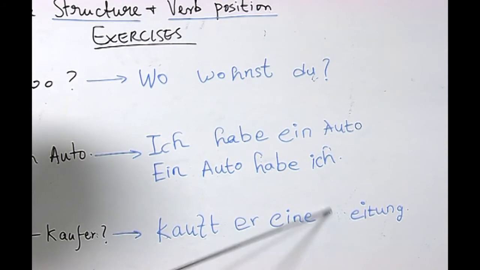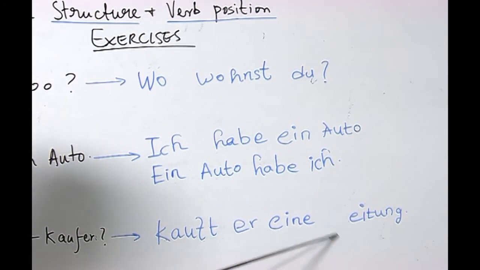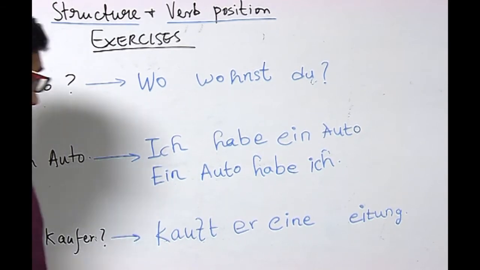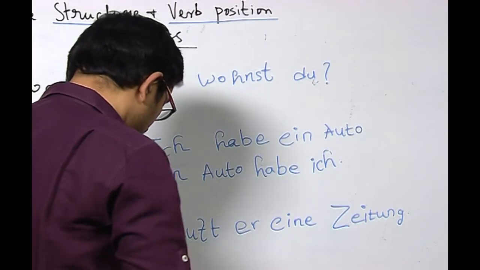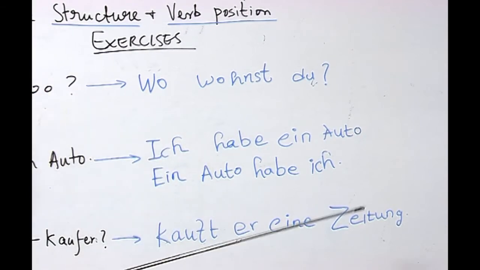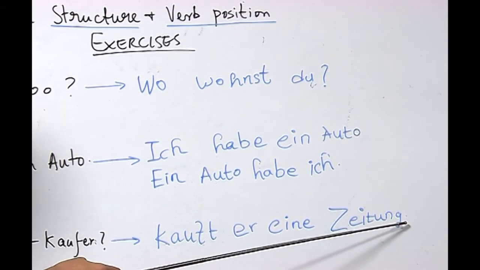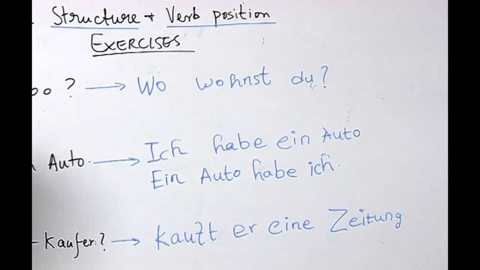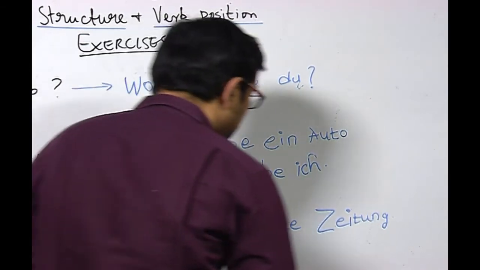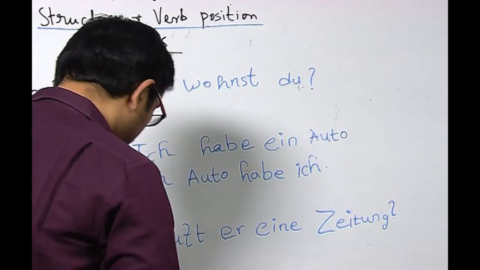Here, the student wrote the letter z in lowercase, which should be in capital, because you know the nouns are always in capital. And can you spot another mistake here? The student didn't put the question mark.